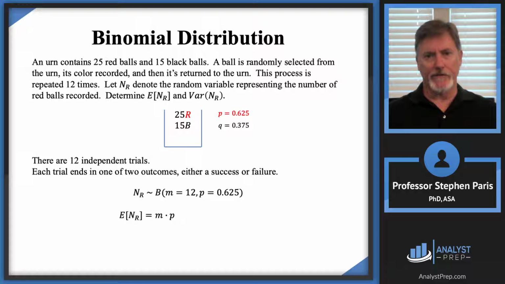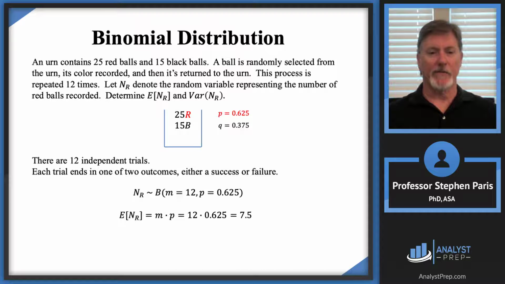We know from the previous video that the expected value is a product of those parameters. You should intuitively see that the expected value is 12 times p: p is the probability of a success on an individual trial, and you have 12 trials, so 12 times p would be the expected number of successes of those 12 trials.